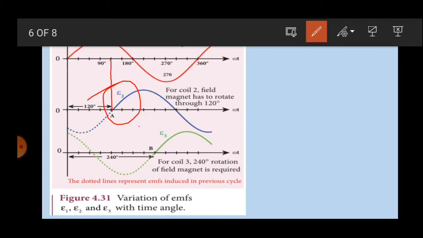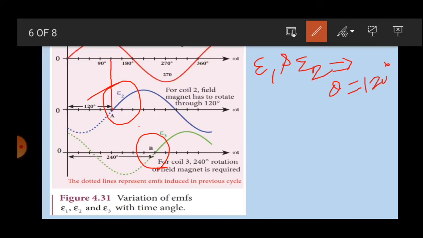Now see, this is 120 degrees. Therefore, what is the phase difference between E1 and E2? Theta is equal to 120 degrees. Similarly, the EMF E3 in the third coil begins at an angle measured from the initial position of the field magnet.